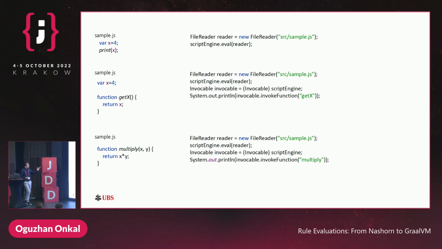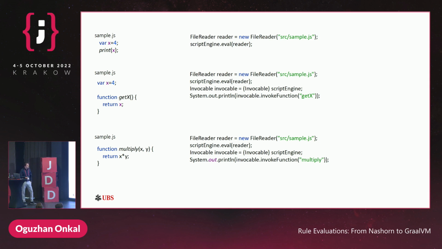So it's very, very simple. The next one is similar to the above, but this time we actually have a function, and you can also invoke functions using the script engine.